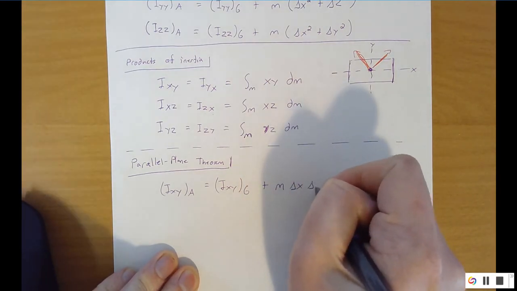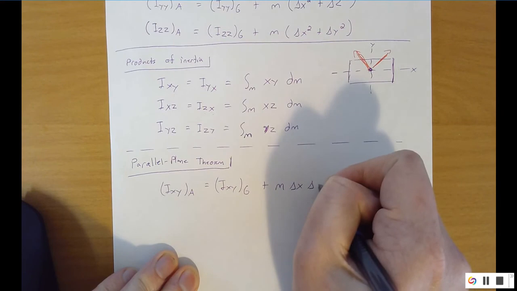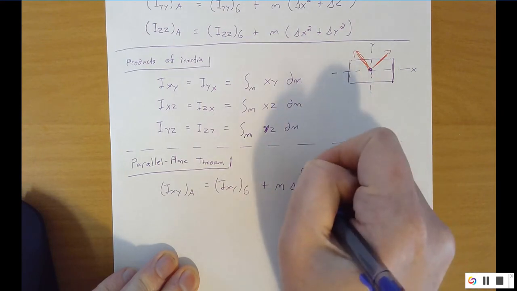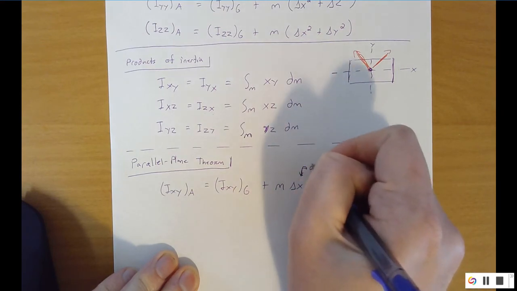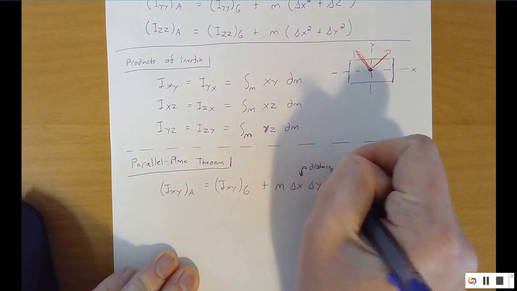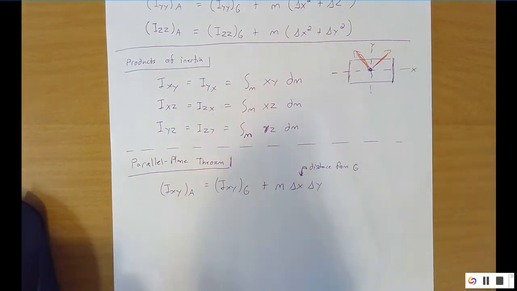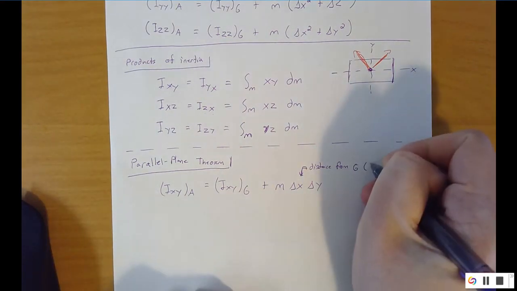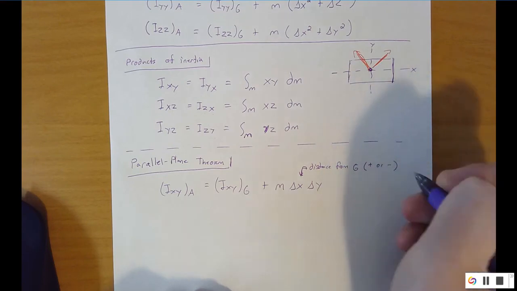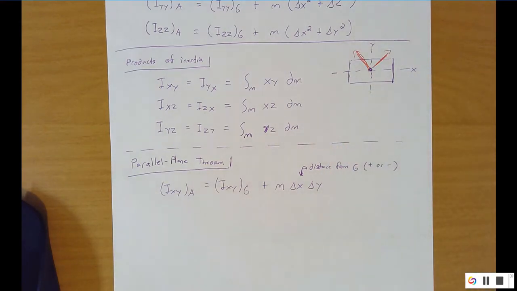So how far away are we from the center of gravity? Distance from G. So we're measuring from G. And we do want to include positive or negative. So if it's negative, make sure you make it negative. If it's positive, make sure you make it positive. So sign matters here. Okay? So again, I'm going to pause the video. I'll write out the other two.